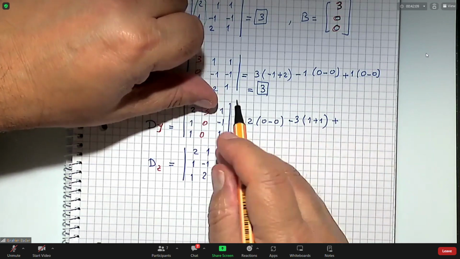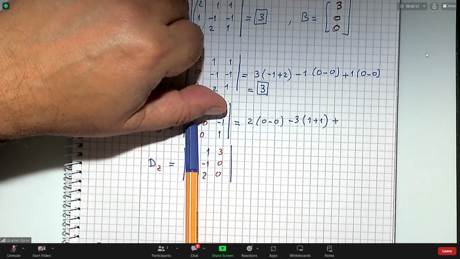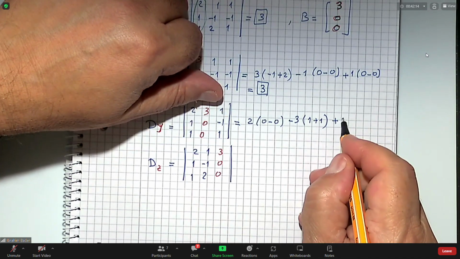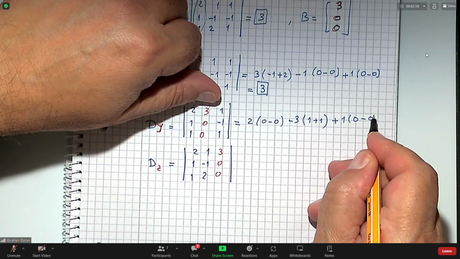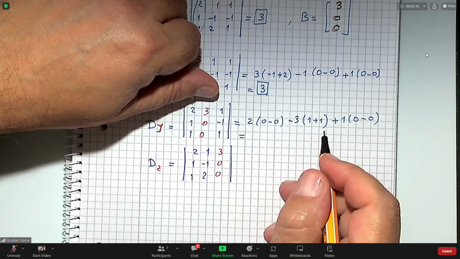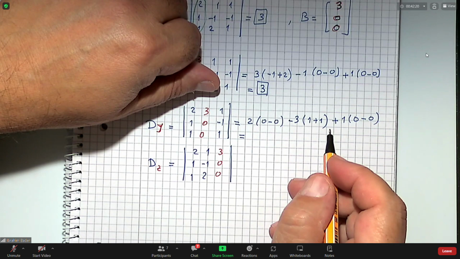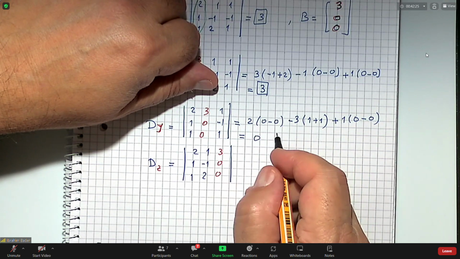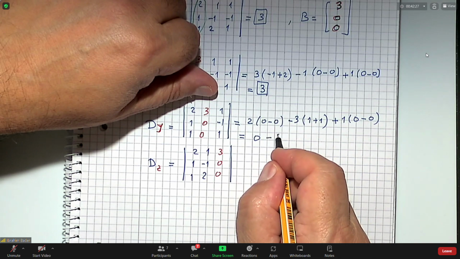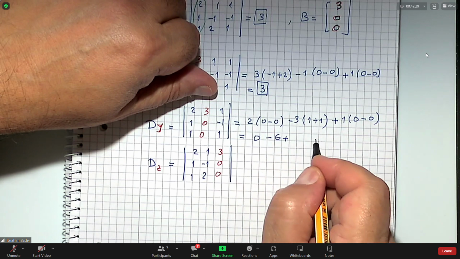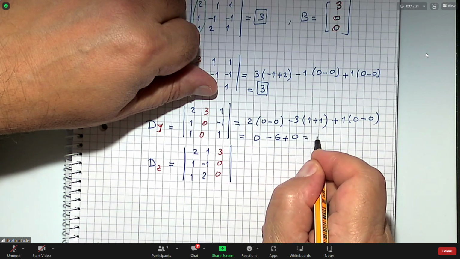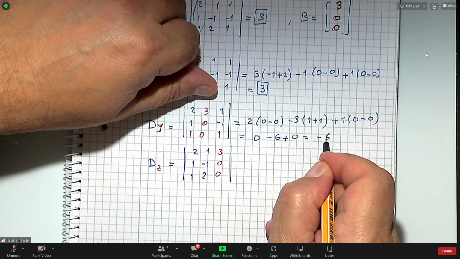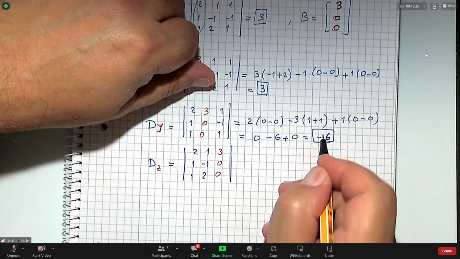Plus 1. So if I cancel these two, I have here 0. So 1 times 0 minus 0. And this is equal to 0. 3 minus 3 times 2 is minus 6 plus 0, and this is -6. Okay.